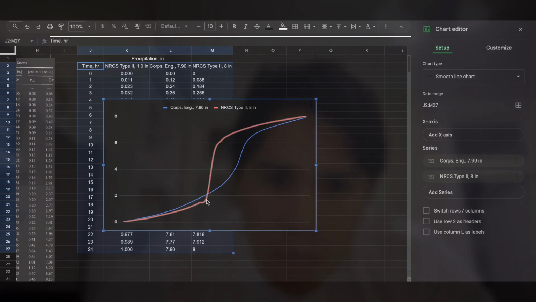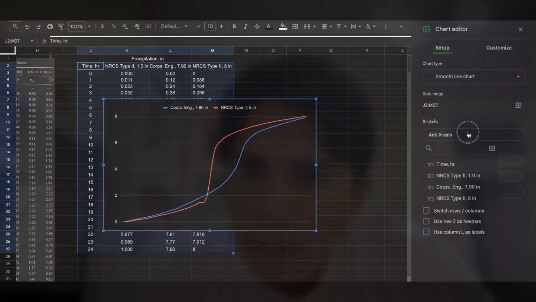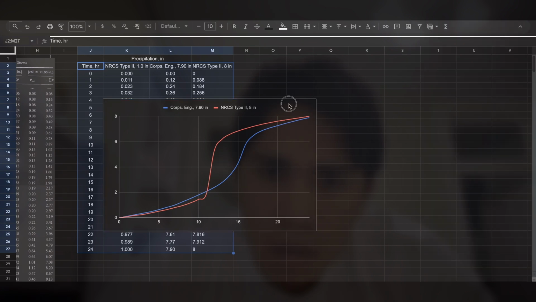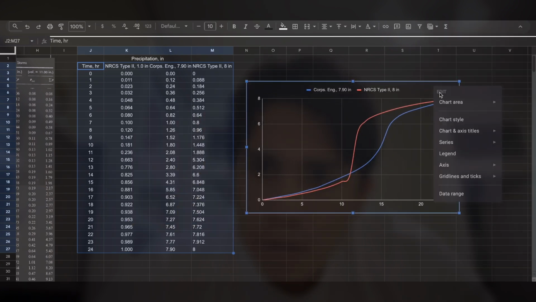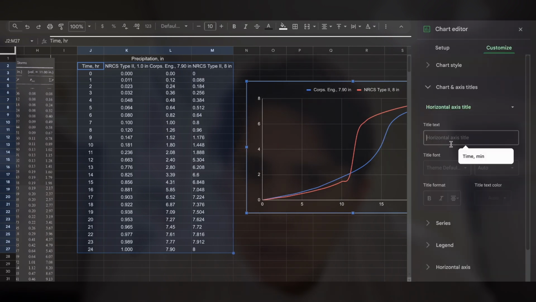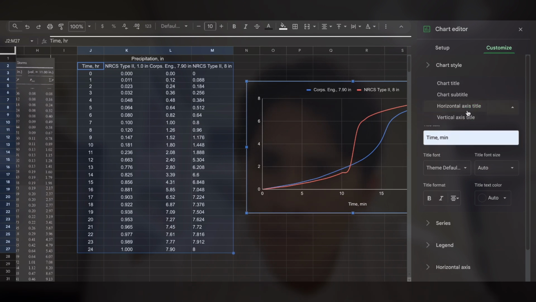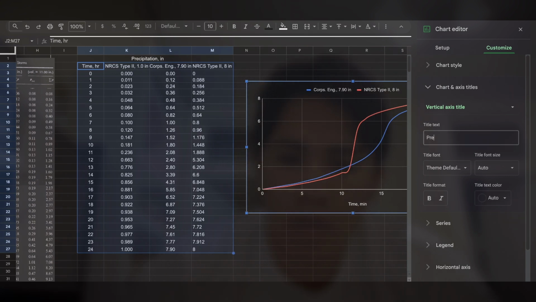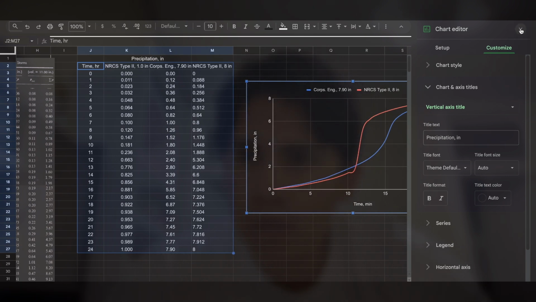which, this curve, this part here shows me that maybe one of our values is not correct, but the x-axis is going to be time. And yep, let's do the horizontal axis, name it time, and then the vertical axis is going to be, not the intensity, it's going to be the precipitation in inches.